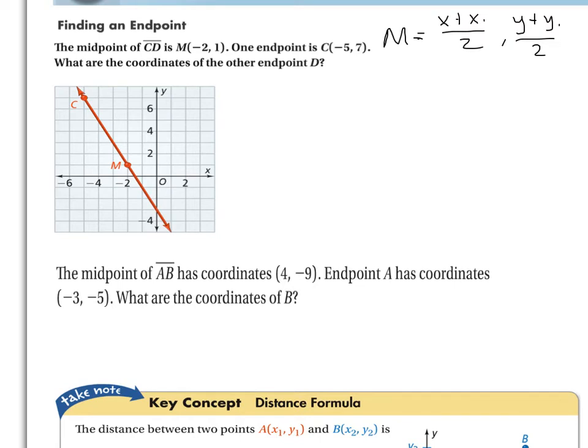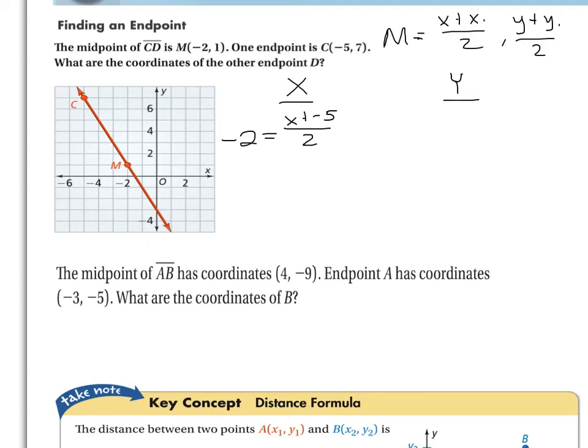I'm going to split this up into x and y columns. So for my x values, the midpoint x value is -2 equals, I don't know the one endpoint, and I'm going to add that to the other endpoint and divide it by 2.